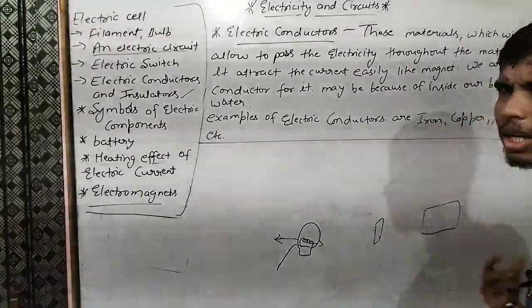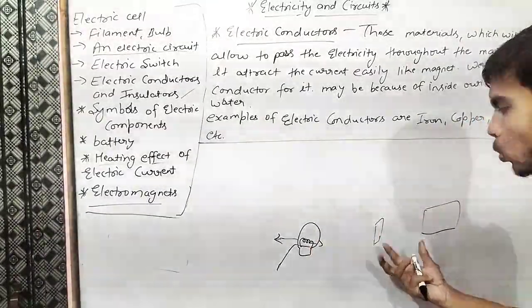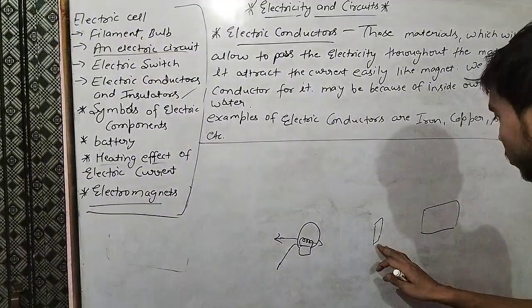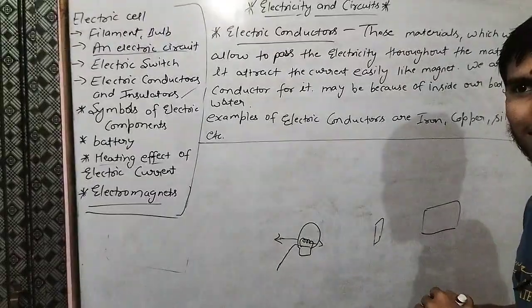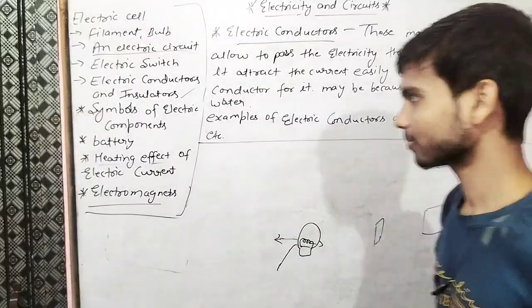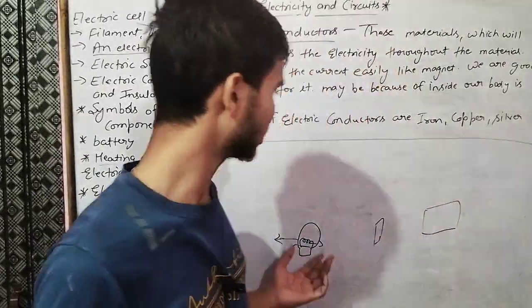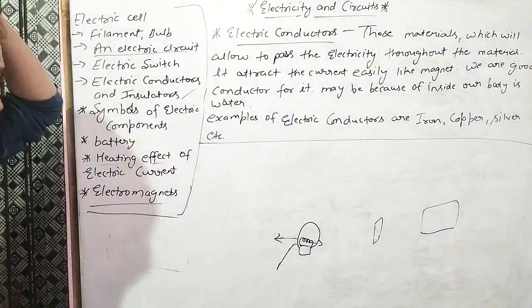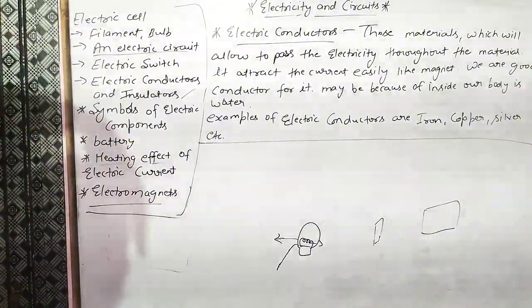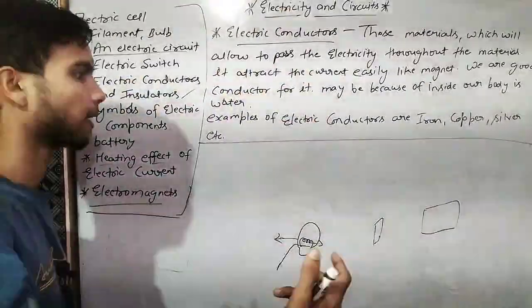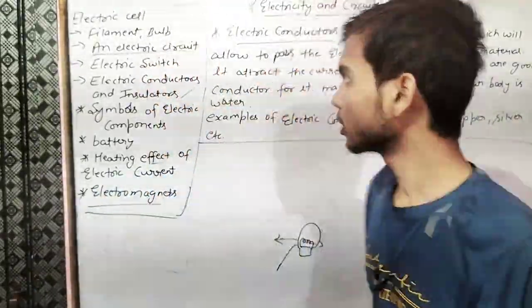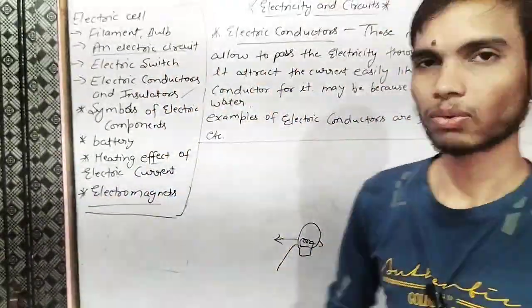A magnet works faster to get attached to this iron. This is the definition. This is how electricity acts like a magnet. I hope now we are clear.